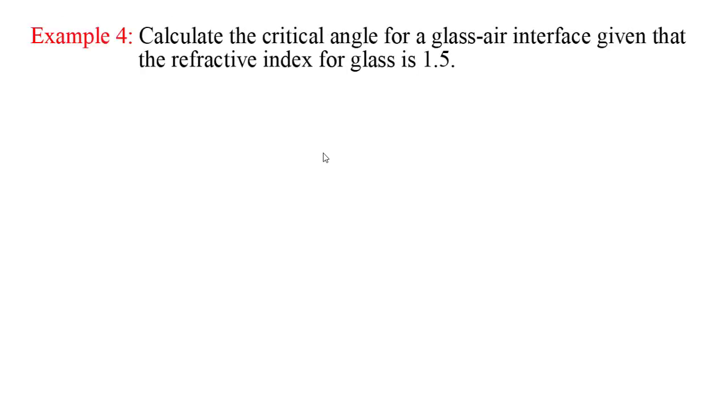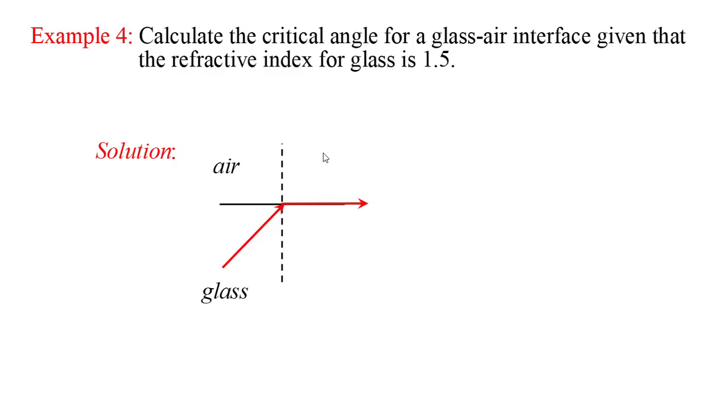The fourth example. Calculate the critical angle for a glass-air interface, given that the refractive index for glass is 1.5. This is a demonstration of what is given. Light is passing from glass to air. We are required to calculate the critical angle, θc, and the refracted ray has to make 90 degrees.